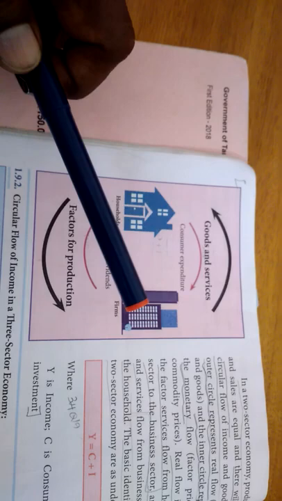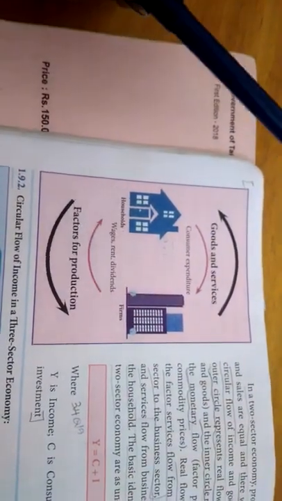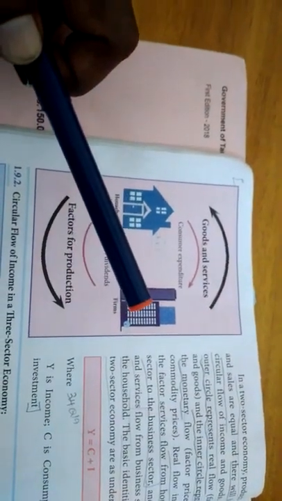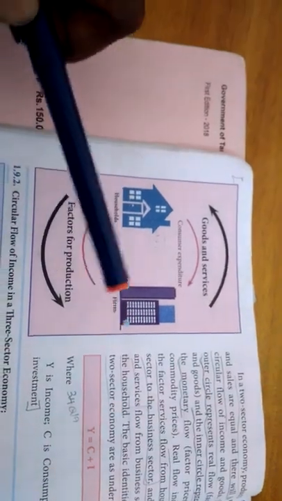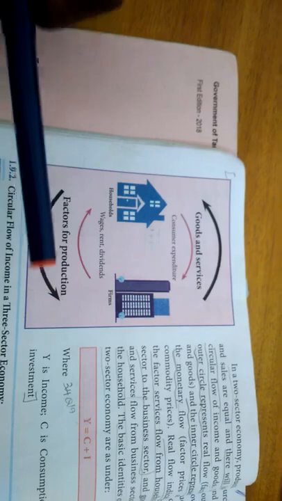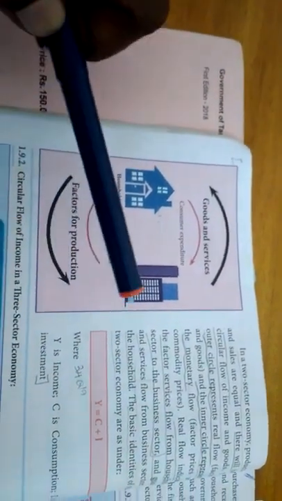The farms need factors of production to produce any commodities. So the need of the farm is met by the household sector: what farmers need is the factors of production, and these come from the household sector to the farms.